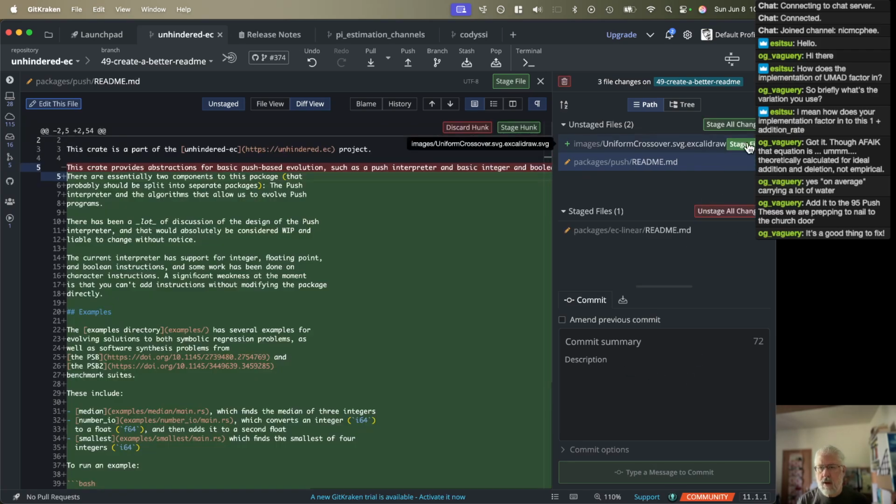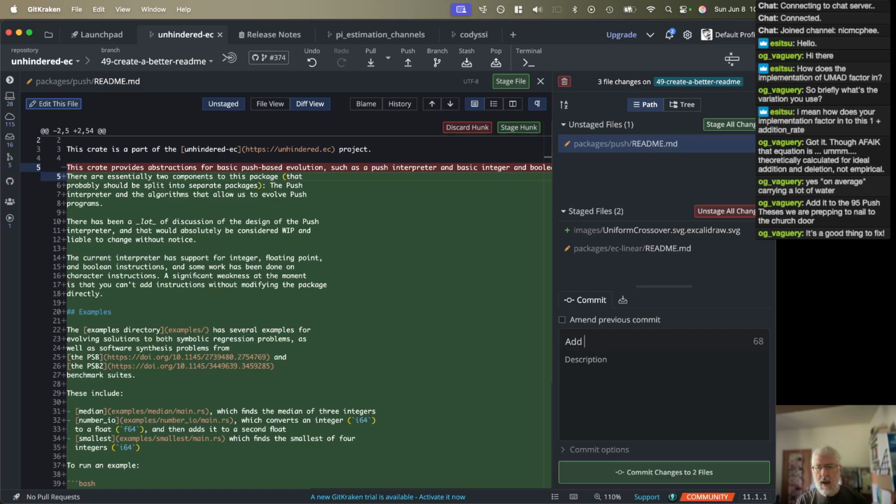And that's this guy here, so they should go together. Add examples section and uniform crossover diagram for EC linear.